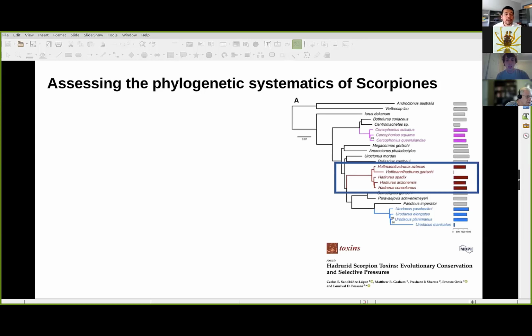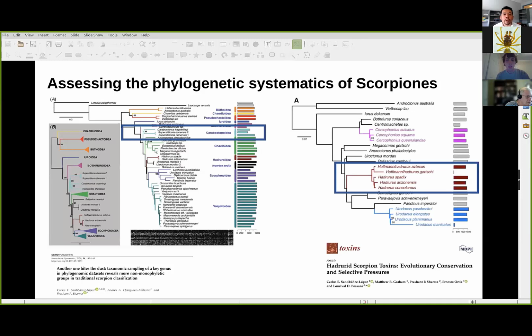And now in 2019, we published these two papers about that. We reinstate the validity of the superfamilies Caraboctonoidea, sorry, and Hadruroidea. And now we're just moving the puzzle pieces to try to fit their corresponding place based on phylogenetic signal.